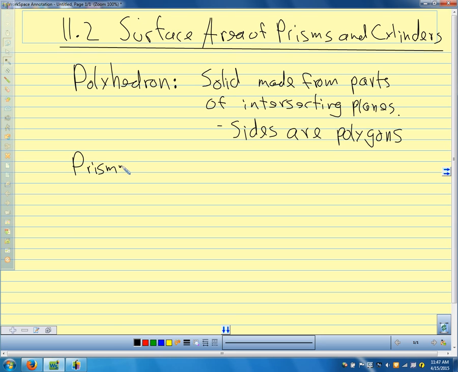And we probably have some idea of what a prism is, but we're going to make it a little more general.